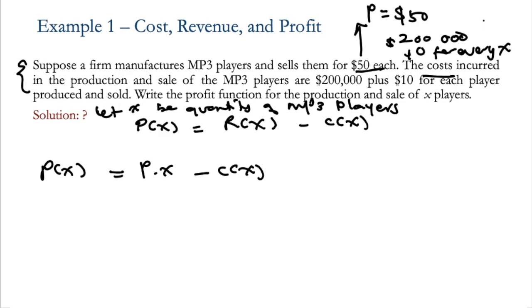Before you proceed with writing the profit function, you need to recognize what kind of cost 200,000 refers to and what kind of cost 10 refers to. The 200,000, regardless of the quantity sold, is a fixed cost. What about 10 for every x? If we have x units, then the total cost here is 10 times x. So this 10x is the variable cost.